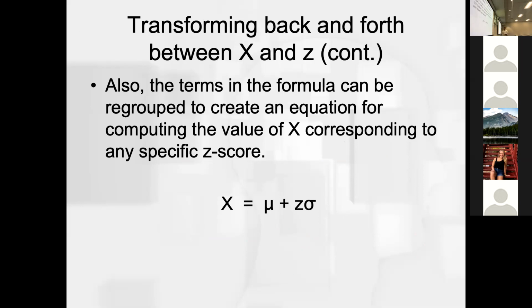So to get the x, we take the mean, and to that we add the standard deviation times the z-score.